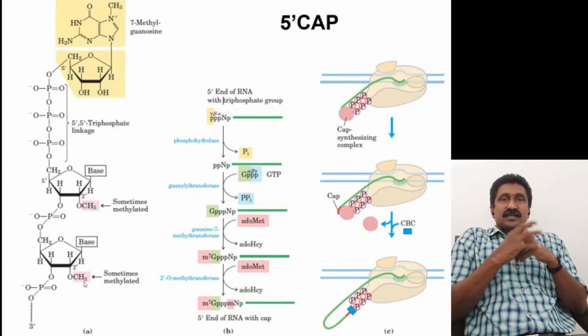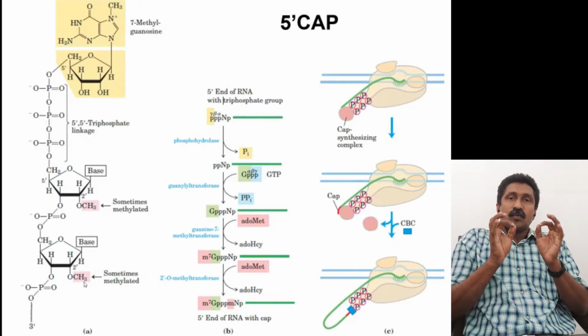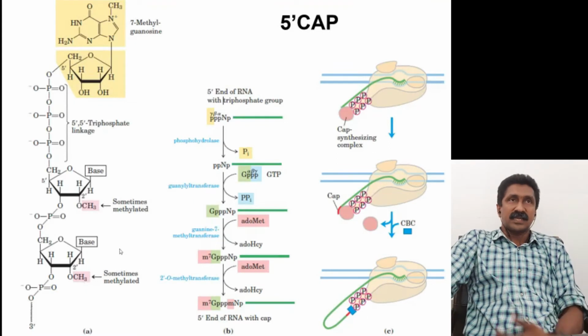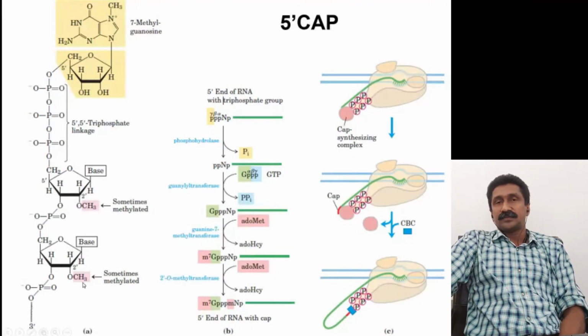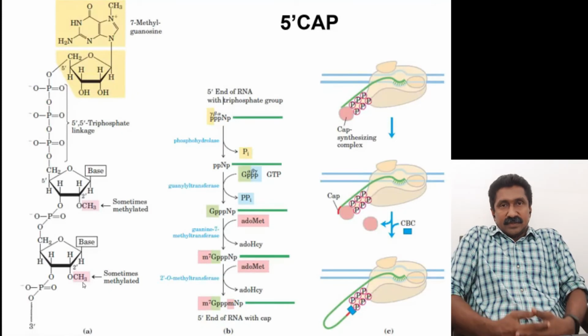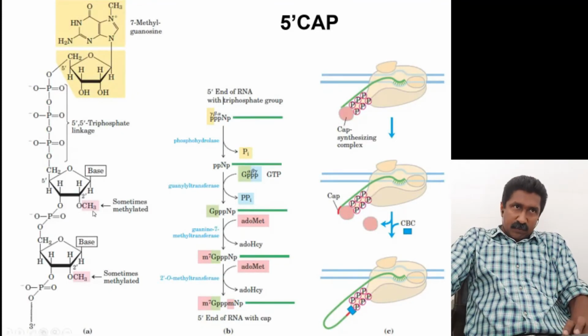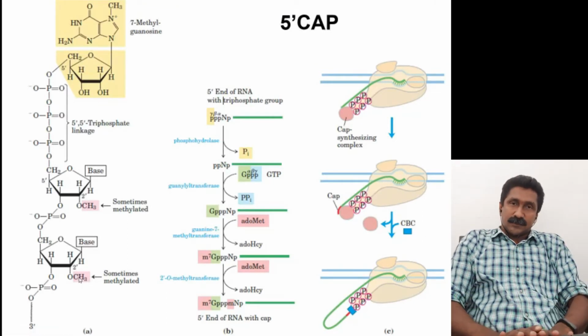And there are different naming patterns. For example, cap 0 means it is attached only with the 7-methyl guanosine at the end, and these 2 positions were not methylated. The first one is cap 0, then cap 1 and cap 2. Cap 2 means all the 3 methylation processes are done.